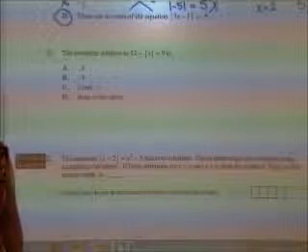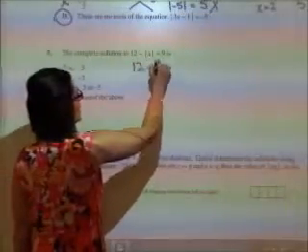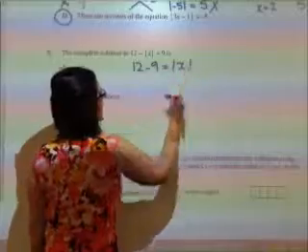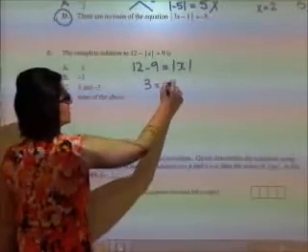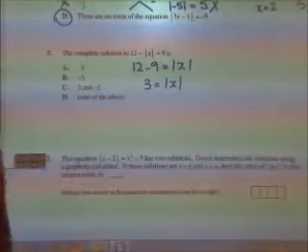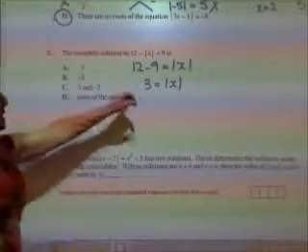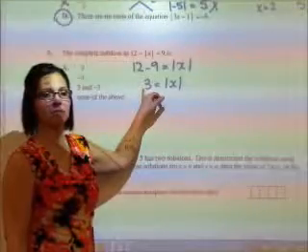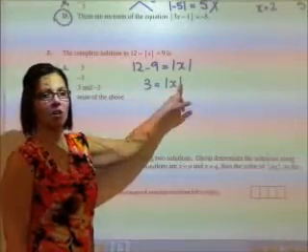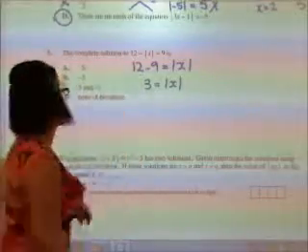You could. Yeah. So if I did that, 12 minus 9 equals the absolute value of x. So the absolute value of what equals 3? So what could x equal? 3 or negative 3.